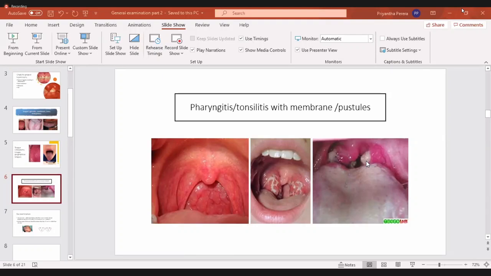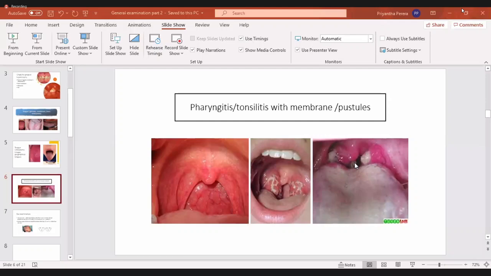Now, the way to differentiate the two is that keratic plaques are white, and the tonsils are not inflamed. When there are pustules, tonsils are inflamed, and the pustules are yellowish in color. At the base of the pustule, there will be a red strip. So this is caused by streptococcus infection. Does anything remind you of that?